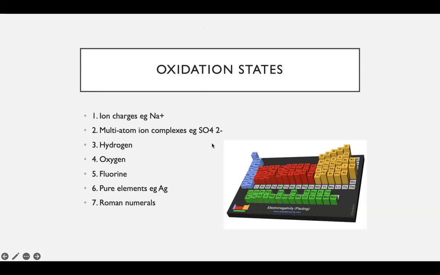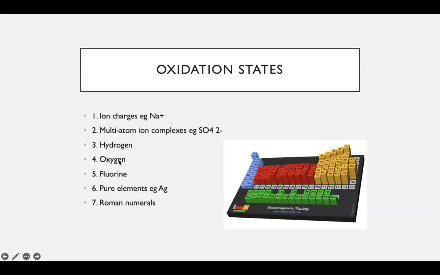A couple of interesting, more difficult things to consider now. If it's a manganate ion, so I'm talking about MnO4-, the way they would denote that if they didn't write out the ion is they would say manganate and then Roman numerals for 7, so VII. That 7 in Roman numerals is referring to the manganese in that species, which makes sense if you think about it, because the manganate ion is MnO4, and it has a 1- charge.